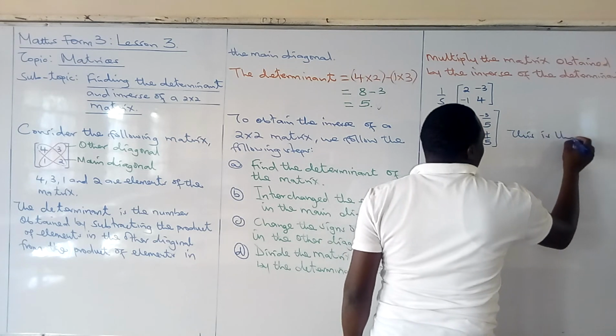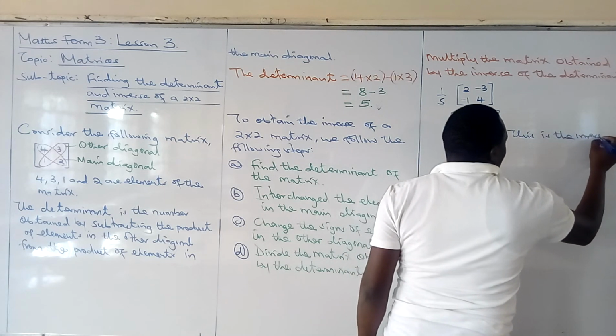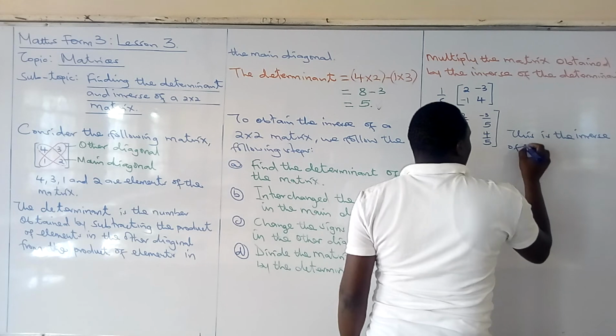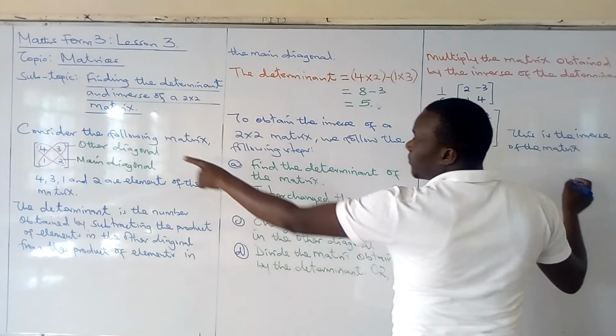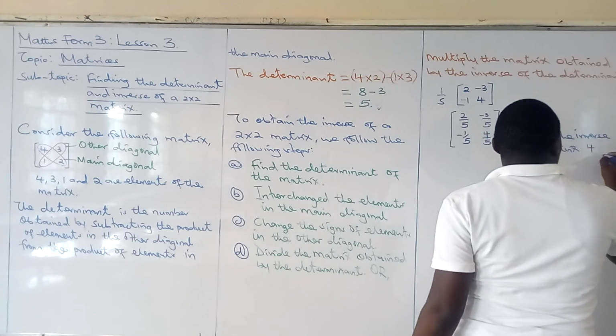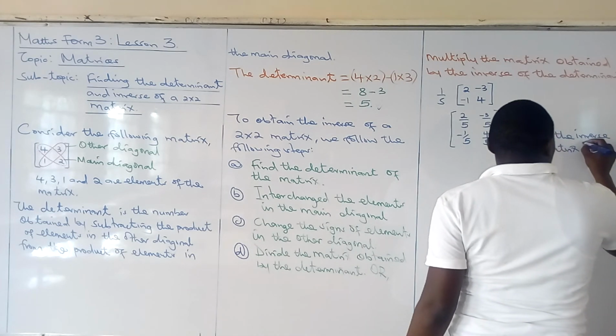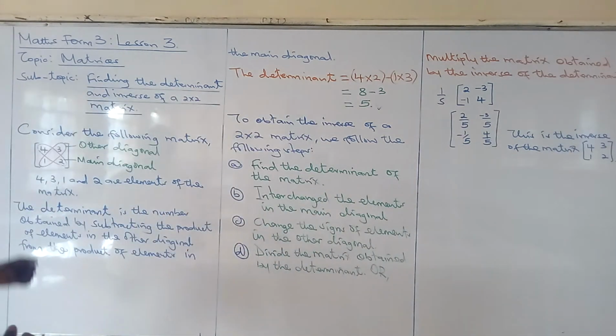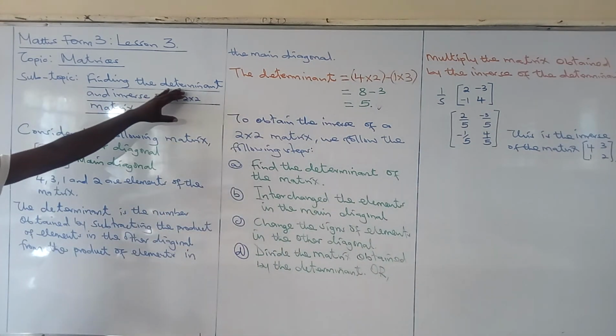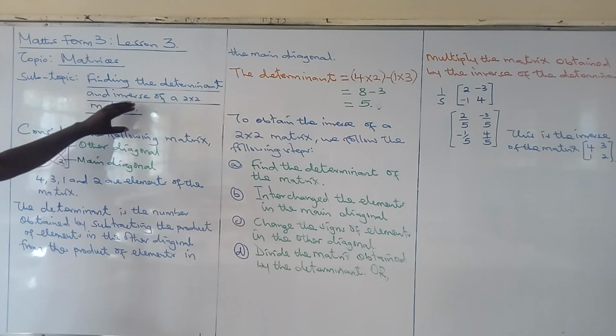This is the inverse of that matrix, which is 4, 2, 1, 3. So that's how we find the determinant and then the inverse of a 2 by 2 matrix.